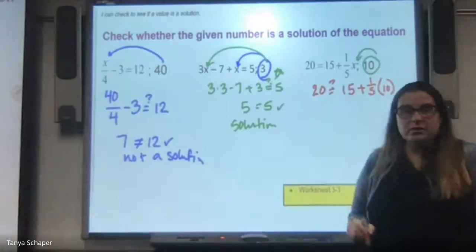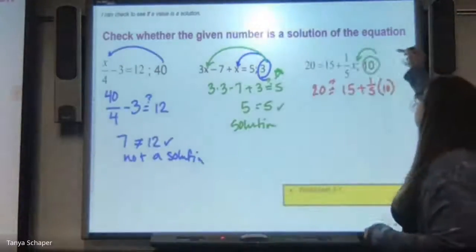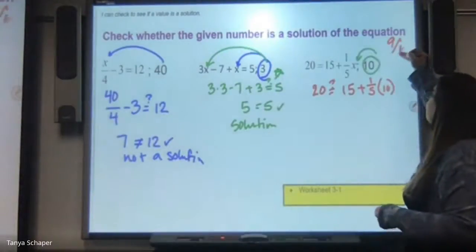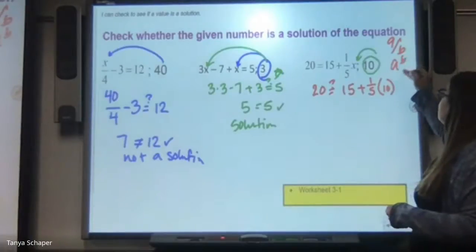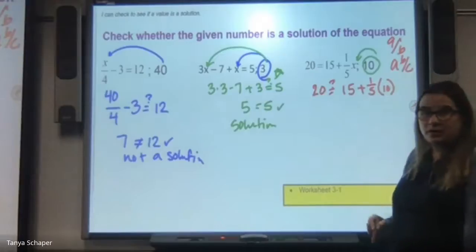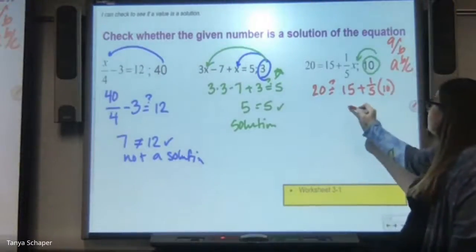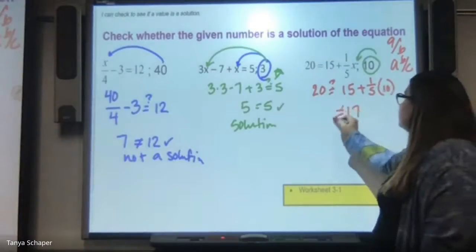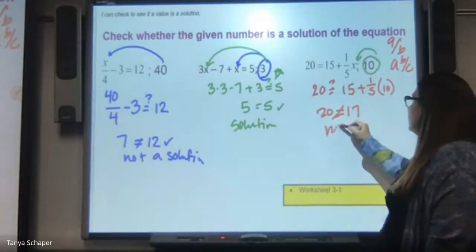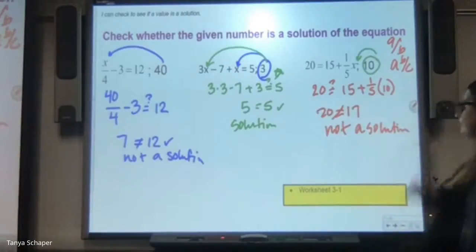Depending on which calculator you're using, there's going to be a key that looks maybe like this or maybe like this. Those are going to be your fraction keys. Message me or ask us when you're in class if you have questions about that. So this is 17. That is not equal to 20. So not a solution. Okay.